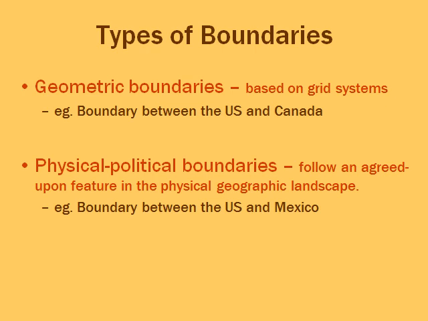Now, if you get into the boundary of the Great Lakes, that's a physical boundary. Also, the Rio Grande River between U.S. and Mexico is a physical boundary. So if it's using a latitude or longitude line, it's usually a very straight line. It has to be a straight line, and you obviously can tell that's geometric. If it's not, it probably follows a river or a mountain or some other physical feature. That's a physical political boundary.